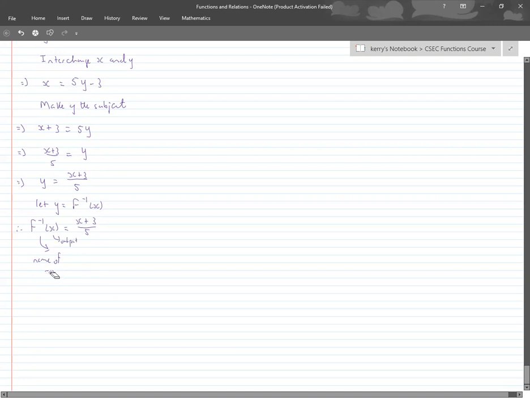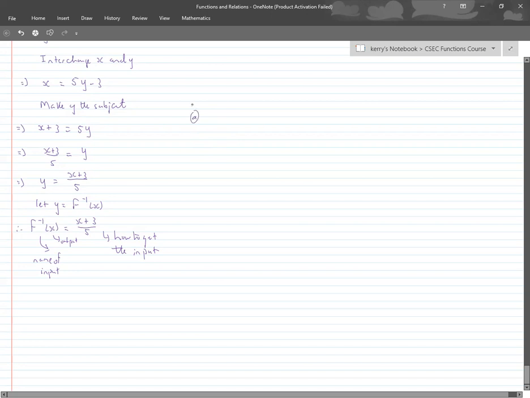The name of the input is here. And this whole expression tells us how to get the input.